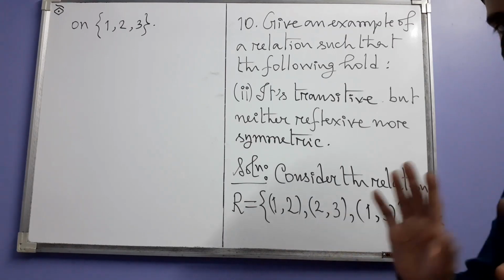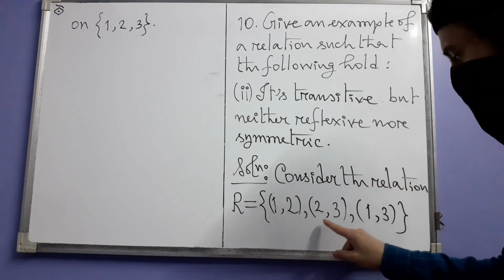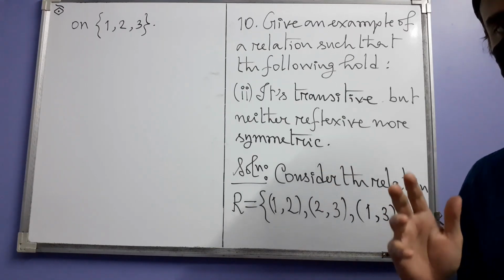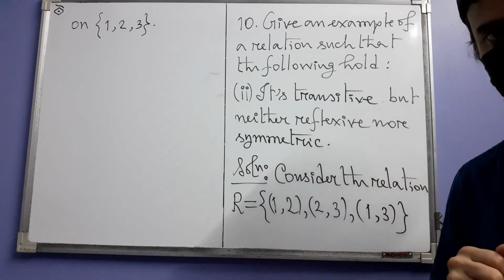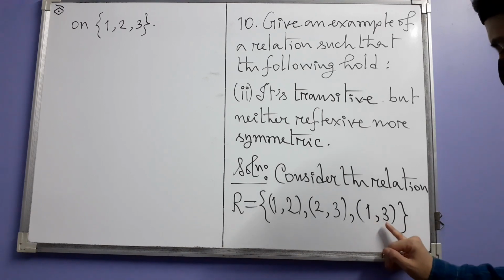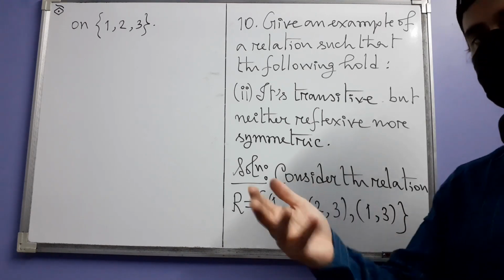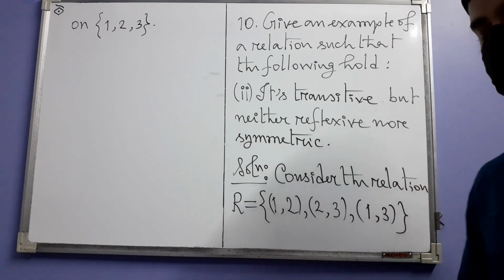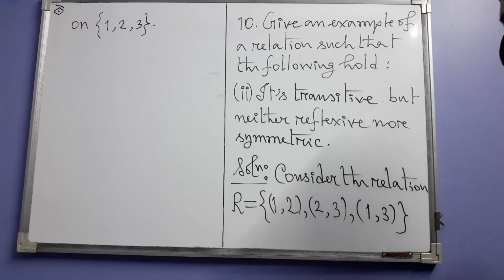So that we have verified. If you start with (2, 3), then you do not have (3, something), so that does not cause any problem to transitivity. If you start with (1, 3), again you do not have (3, something), so this also does not cause any problem to transitivity, and that is why it is transitive.